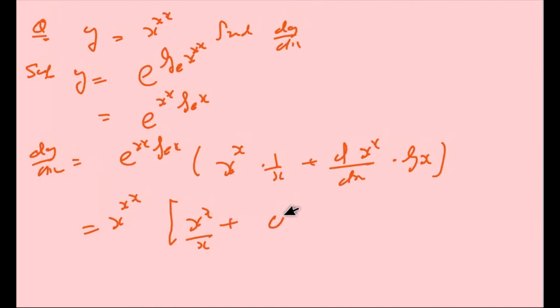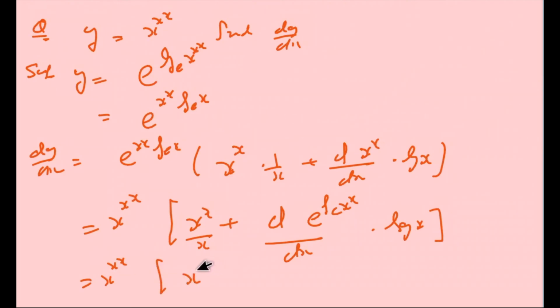So again we have to write it in the form of e to the power log e base x to the power x into log x, to the power x to the power x, that is x to the power x upon x, plus e to the power x log x into log x.